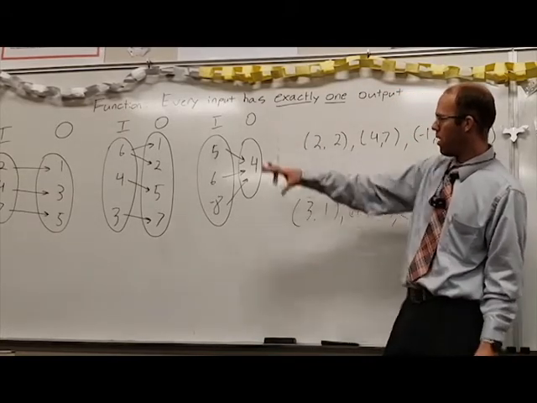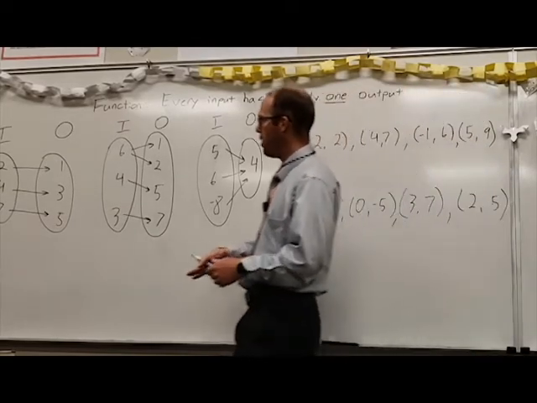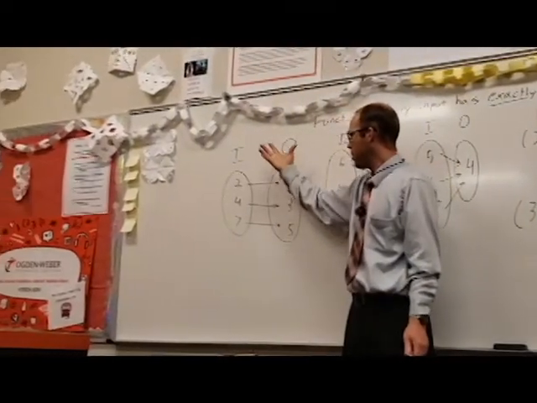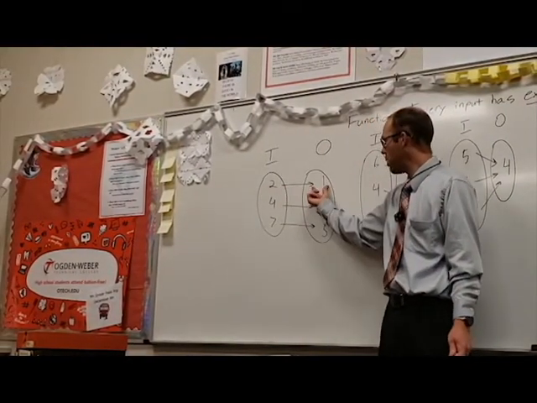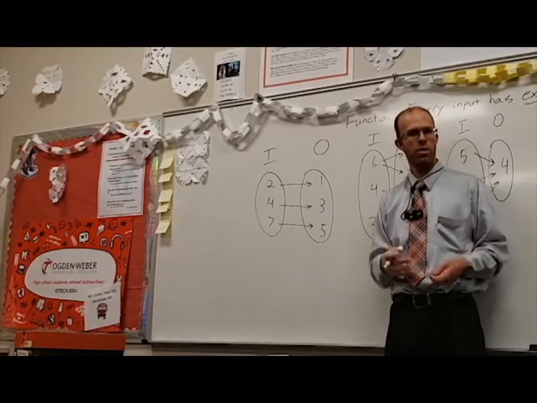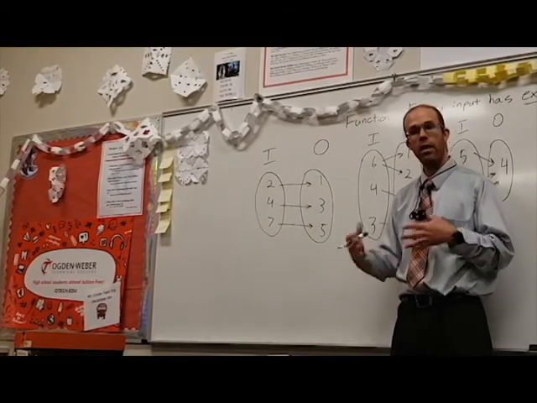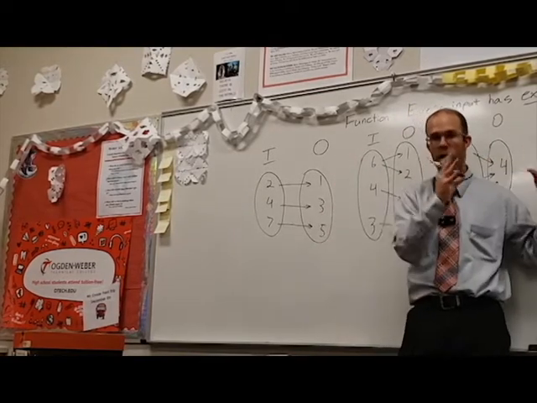Now, we have a lot of examples of different relations here where we have an input that goes to an output, and this is called a mapping right here. So we can see that 2 as our input goes to 1 as our output, 4 goes to 3, 7 goes to 5. Our question is, is this a function? And we're going to go back to the definition every time. Does every input have exactly one output?